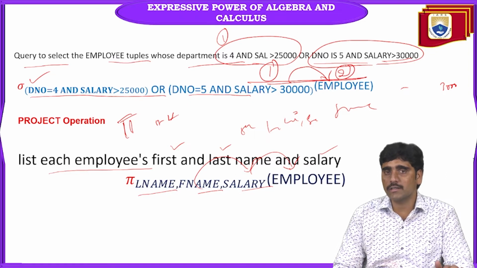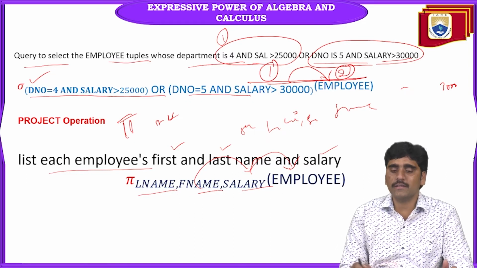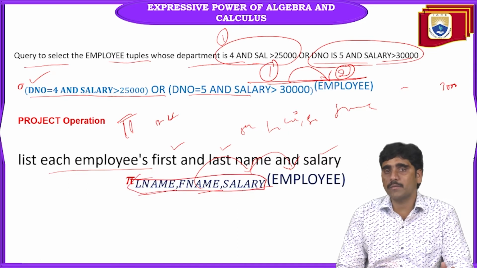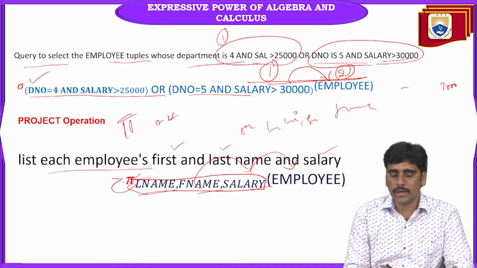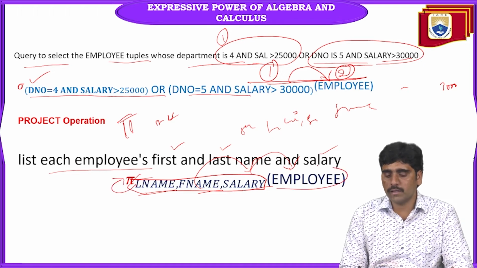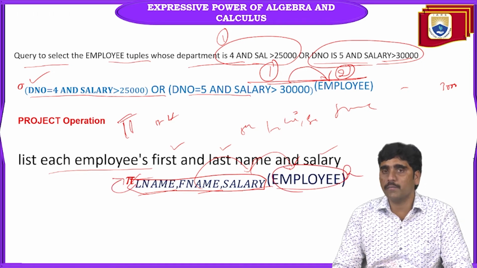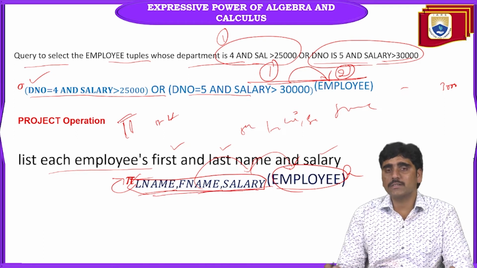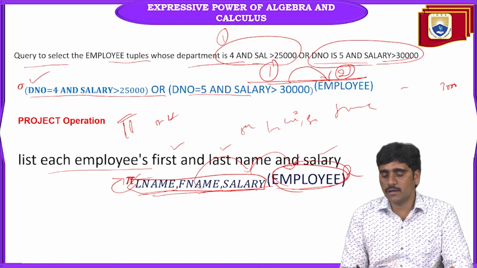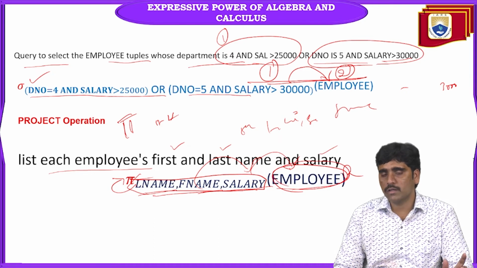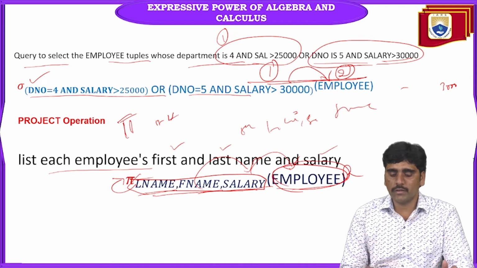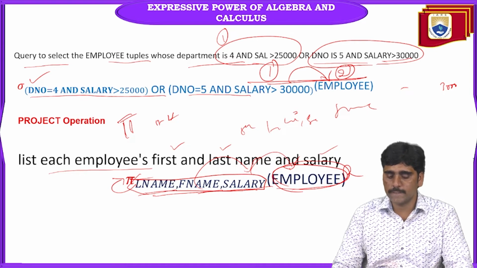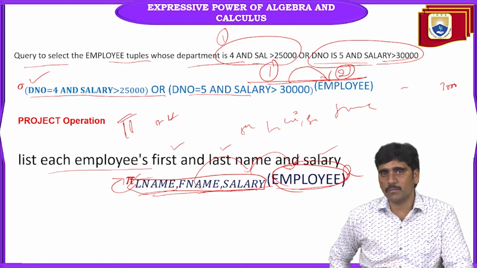But for this unsafe query, we indicate these attributes, the attribute list, with the pi symbol, and then the next relation, that means the table. So this is the way you can mention what attributes you want to display. So this is the way you can understand the project operation.